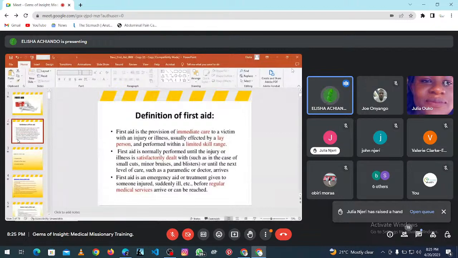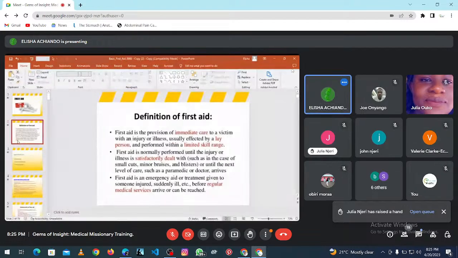So before this service is sought, the first thing you're doing is first aid. According to the second definition, it's normally performed until the injury or illness is satisfactorily dealt with. But you understand that this is not the case in most situations.